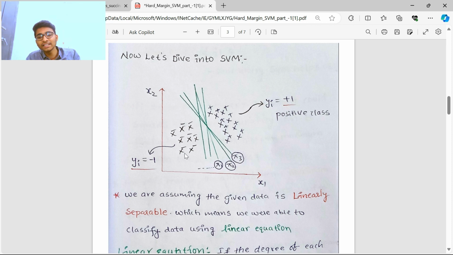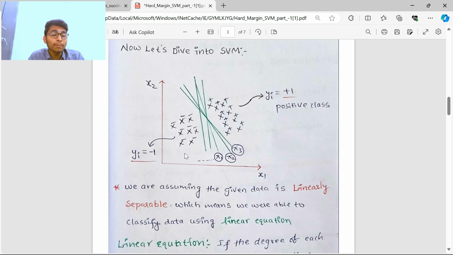If we are considering two dimensions, the line will be the classifier. If we go to three dimensions, then a plane will be the classifier. For n dimensions, a hyperplane will classify this data. Now we will have so many lines to classify this data, right? But I want the line which is best for the classification.